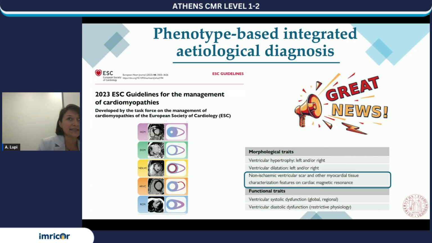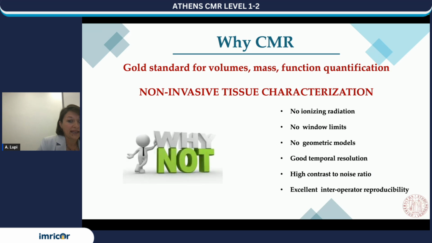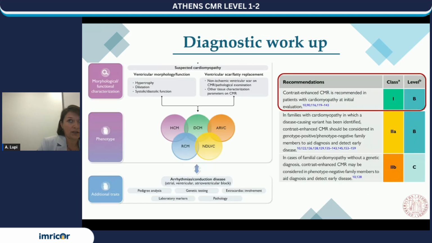This reflects the well-known advantages of CMR, particularly its non-invasive nature. Therefore, a systematic approach to diagnosis, starting from the phenotypic presentation of the disease, now has to include the use of contrast-enhanced CMR with a class 1B recommendation.